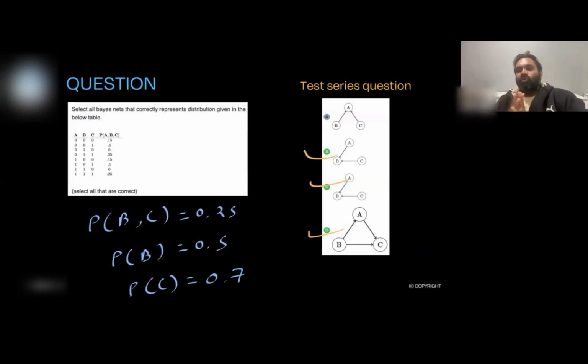So let's say you have this Bayes net where there is no arrow. What are the independence assumptions needed for the probability distribution to be followed? All are independent of each other without conditioning. Yes.